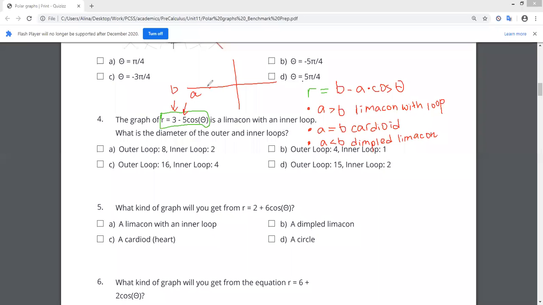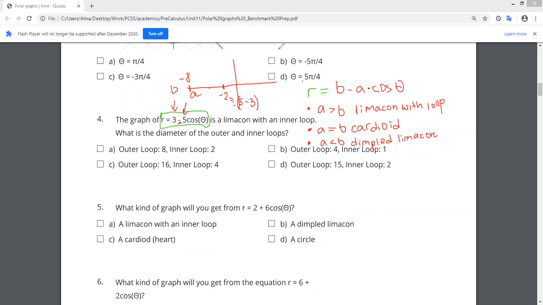And the outer loop will be 5 plus 3. And I'm going to the left because it's negative over here. So the outer loop is here. Then if you do 5 minus 3, which will be at negative 2. Negative 2 equals 5 minus 3. Or with negative, of course.